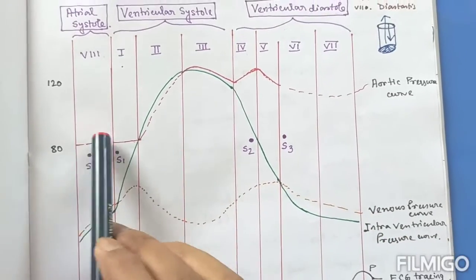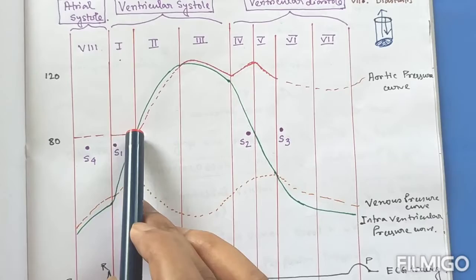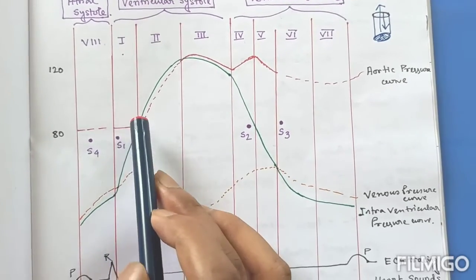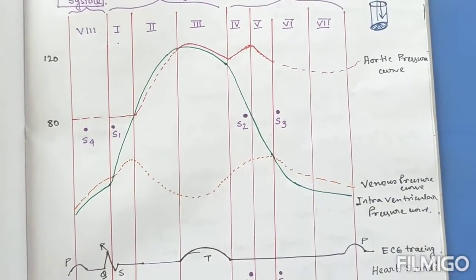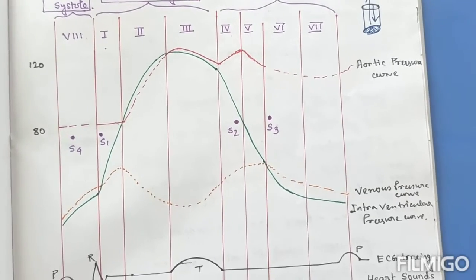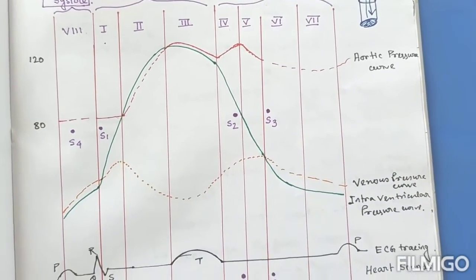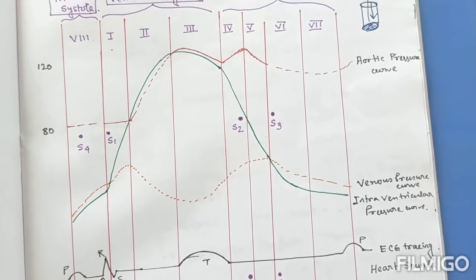At the starting of ventricular systole, the aortic pressure curve remains the same, that is 80. Suddenly when ventricular systole starts, the pressure inside the ventricle is rising.